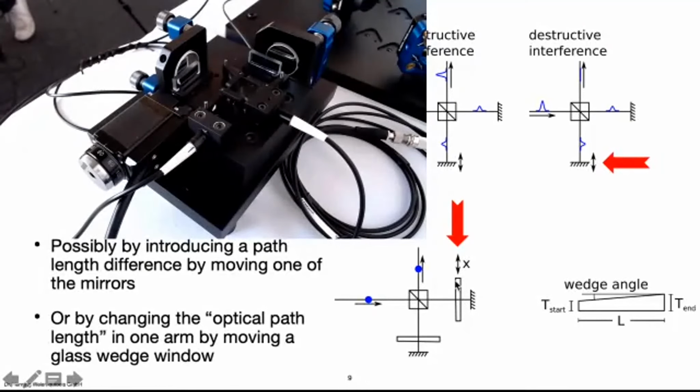So this changes what we call the optical path length. That's basically the geometrical length times the refractive index, right?